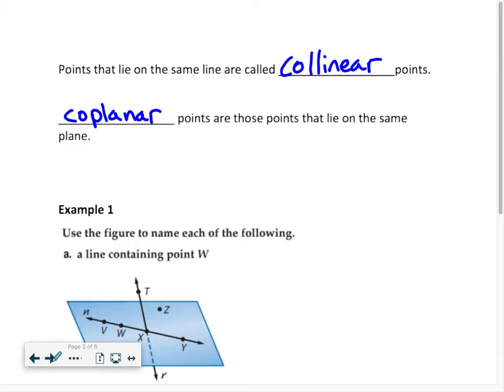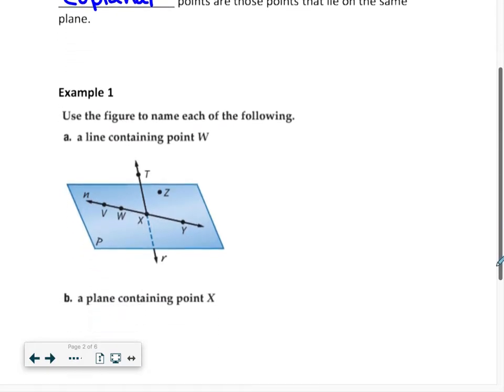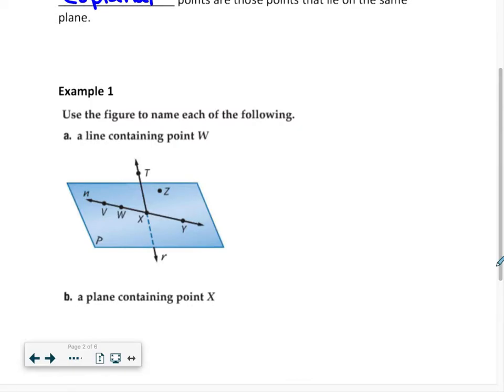Okay. So here, let's use the figure to name each of the following. Let's go with part A: a line containing point W. So let's first identify where point W is. So here is point W. A line containing that. So what line goes through point W? Looks like this line, I'll highlight it with blue.